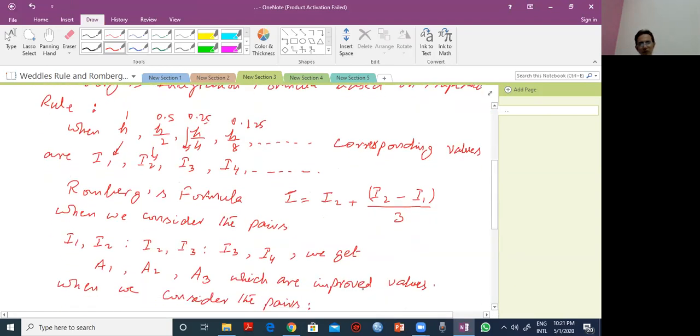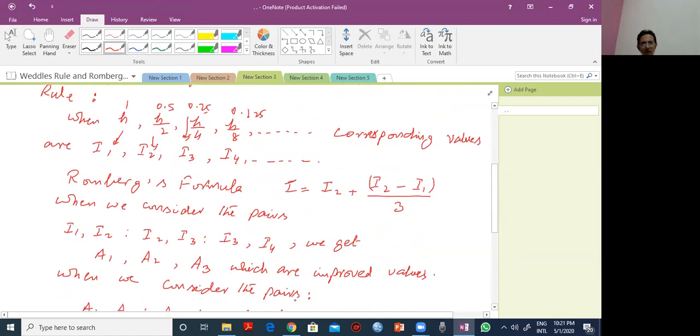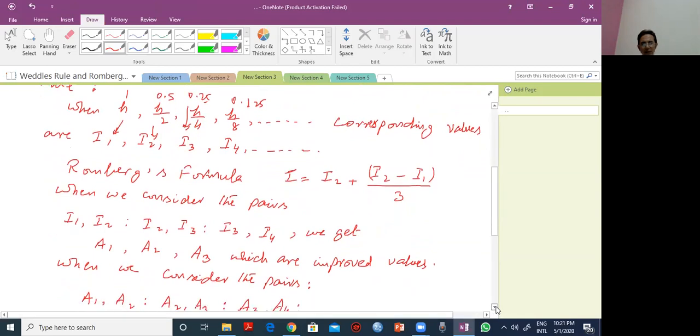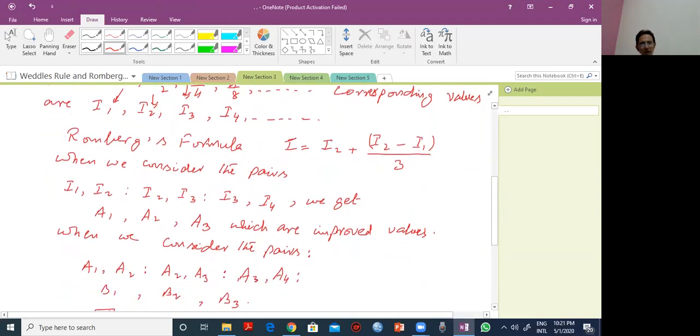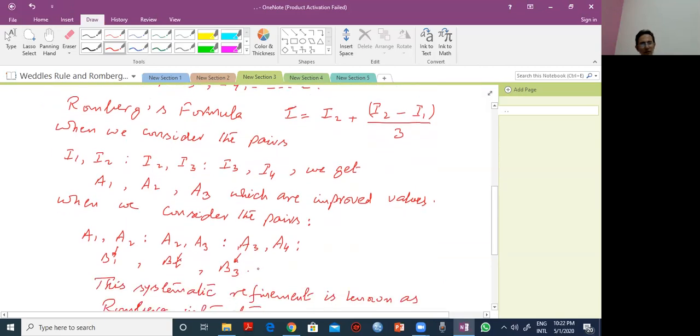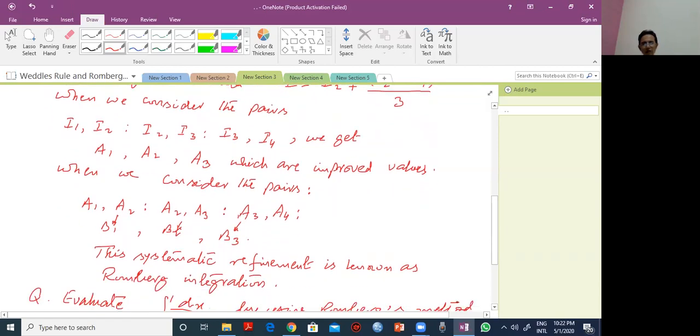These A1 and A2 are improved values of the integral. Similarly, when we consider the pairs A1, A2 and A2, A3, we get a further improvement, which we call B1, B2 and B3. These values are still more improved. So this systematic refinement of the integral value is known as Romberg's integration method.